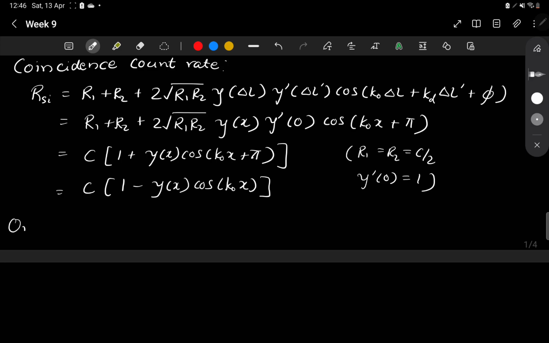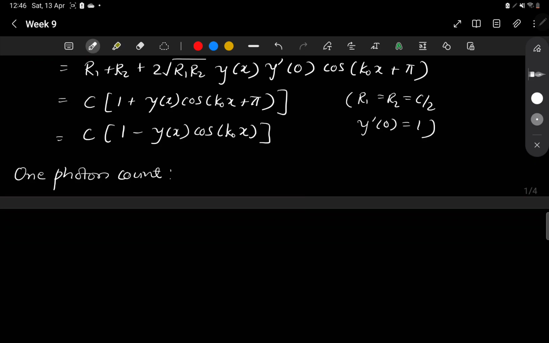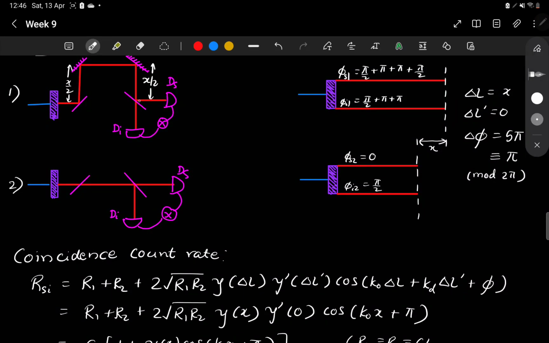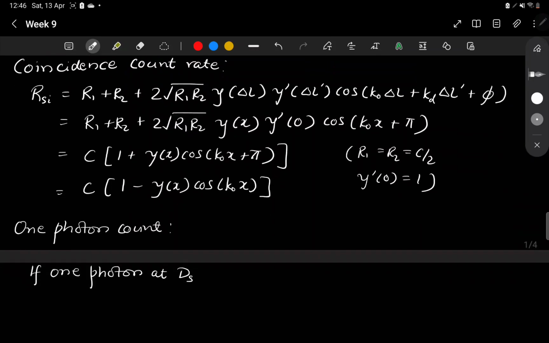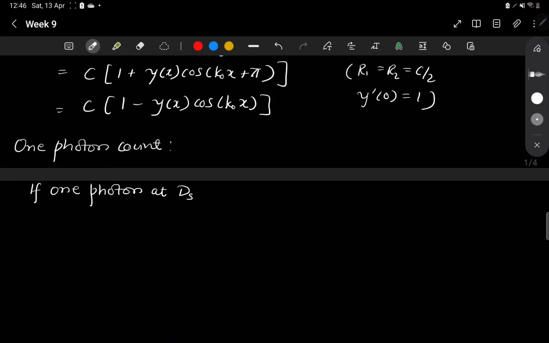Now let us look at the one photon count rates. So if one photon is at ds, then the other one can be either at ds or di, that is, both the photons can go in the same detector or it can go in the other detector.